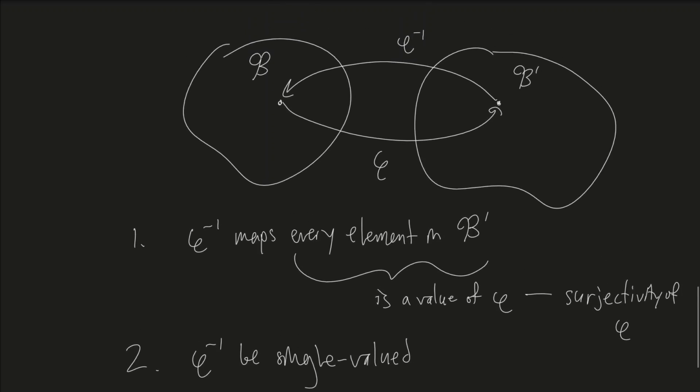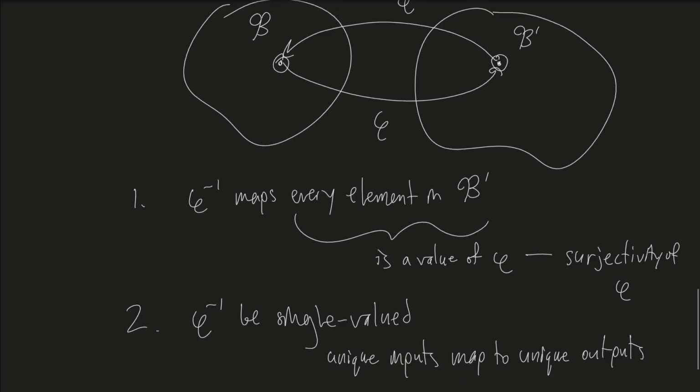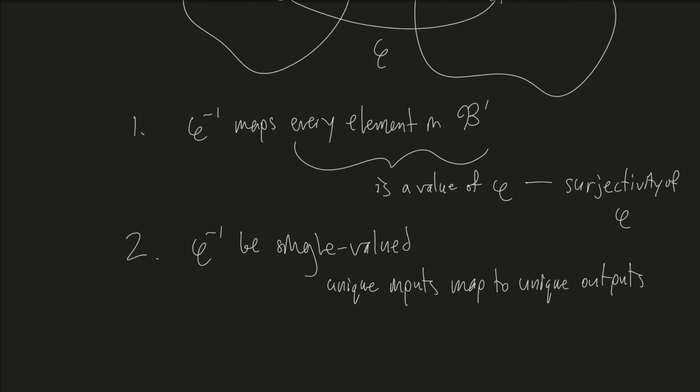That means that when I take this value of phi and send it back to where it came from in the domain, if it's single-valued, that means that it only came from one element of the domain, which means that unique inputs map to unique outputs. And this is the conceptual way of saying that phi is injective.